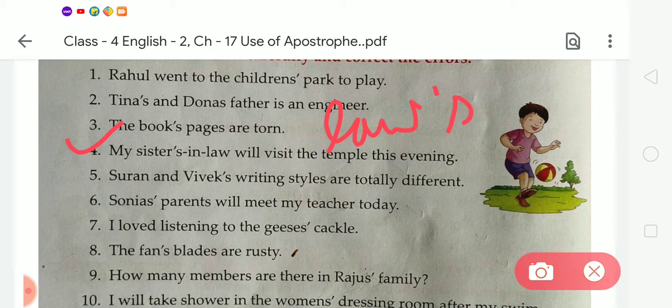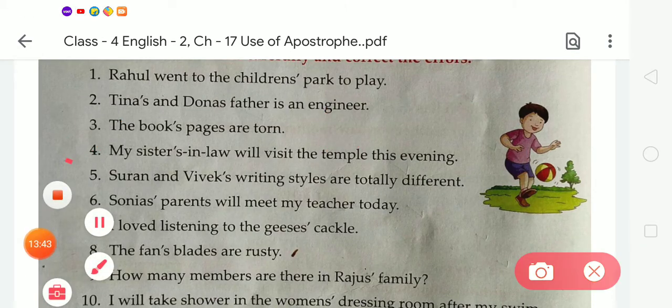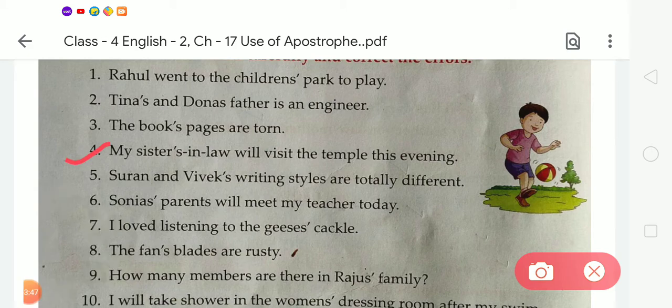Okay, we have to use apostrophe s. Next, number 5, Suran and Vivek's writing style are totally different. So student, this sentence is correct, so we have to write this sentence the same. Okay, next, Sonia's parents will meet my teacher today, so here we have to write Sonia's by using the apostrophe.